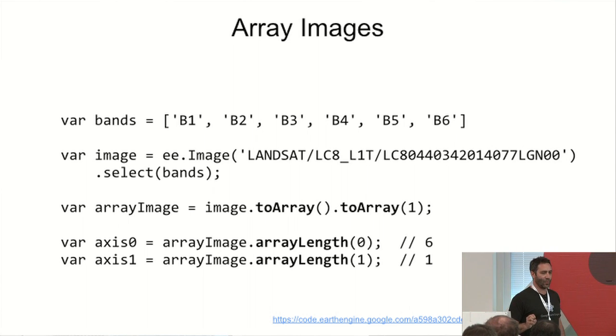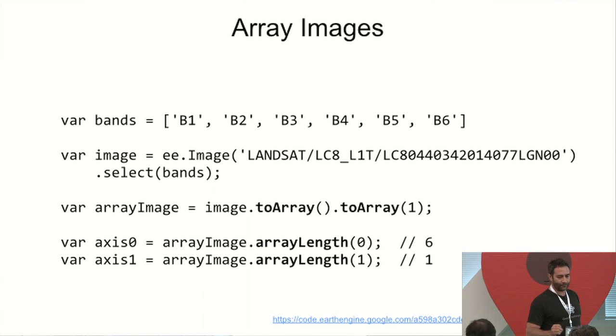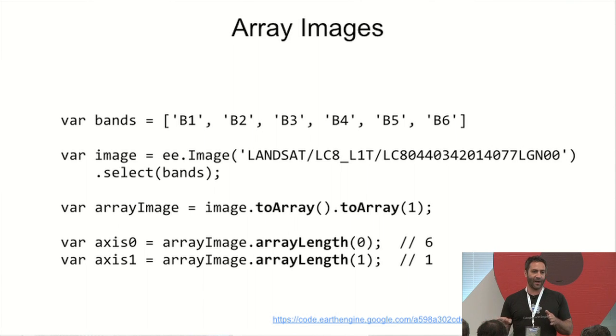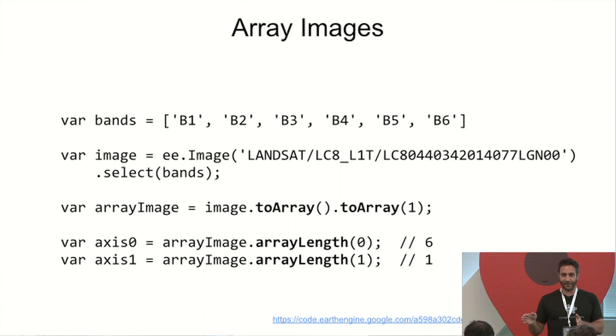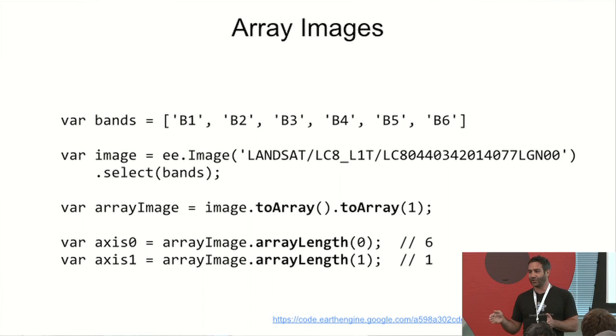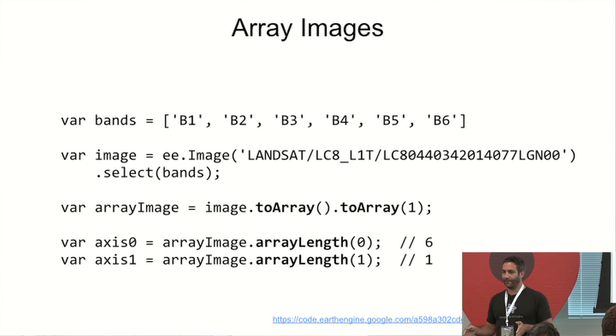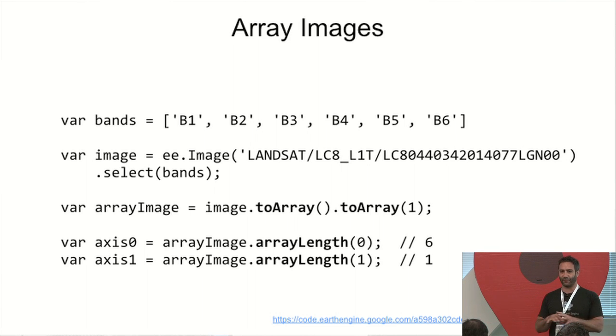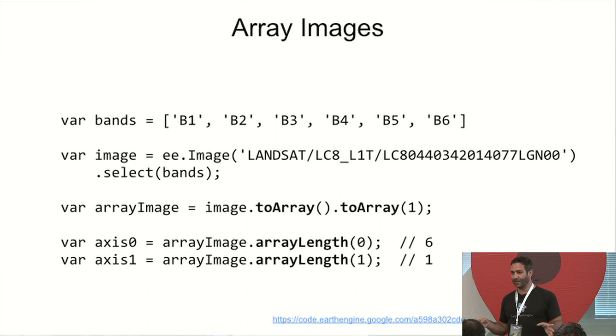Let me just say a couple words about that. Array functions on images start with either .array or .matrix. If it starts with .matrix, it's assuming that what is in that image is a 2-dimensional array. If it starts with .array, there's no such assumption made on the dimension of whatever's in those image pixels.